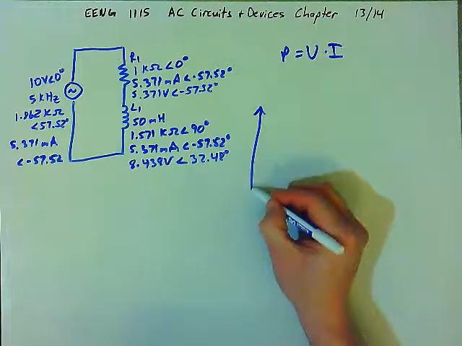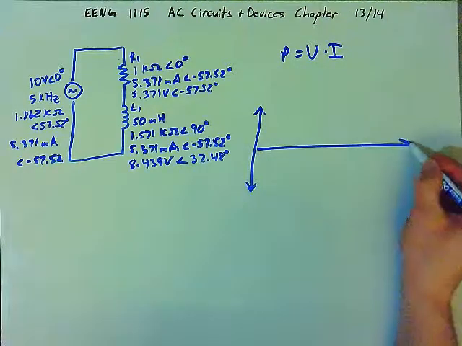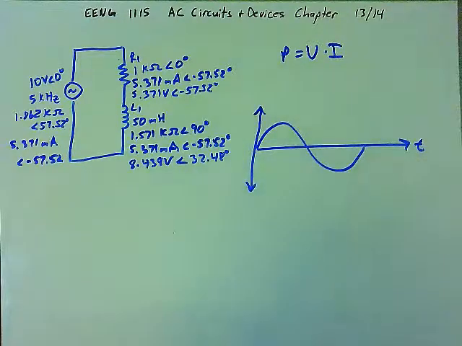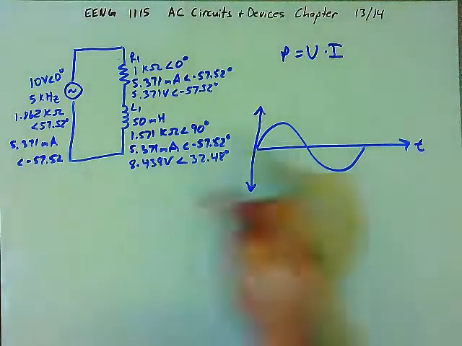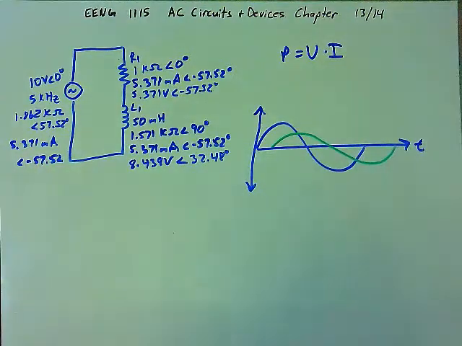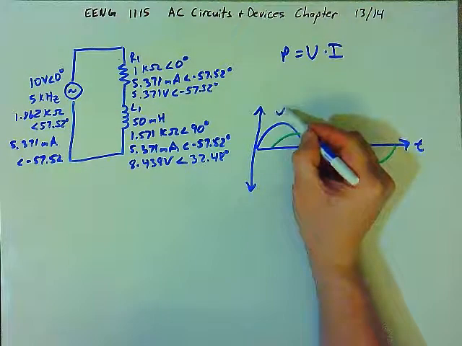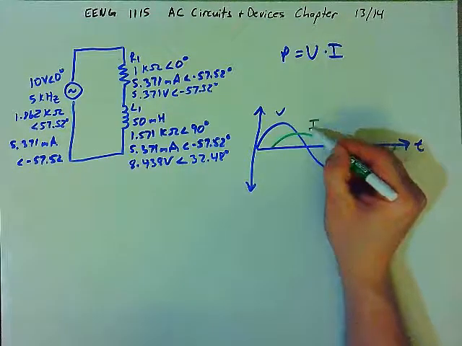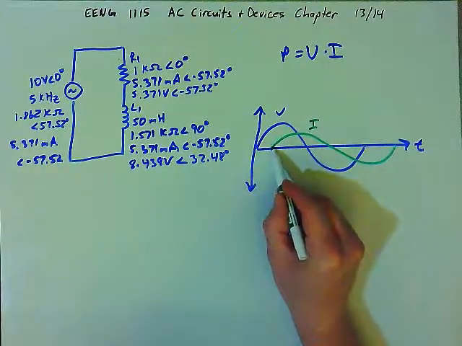And so if we look at the voltage and current waveforms, we have the voltage, something like this, and we have the current lagging by 57 degrees, so something like this. If you look at the voltage and the current at various points in time, let's look at this point first.